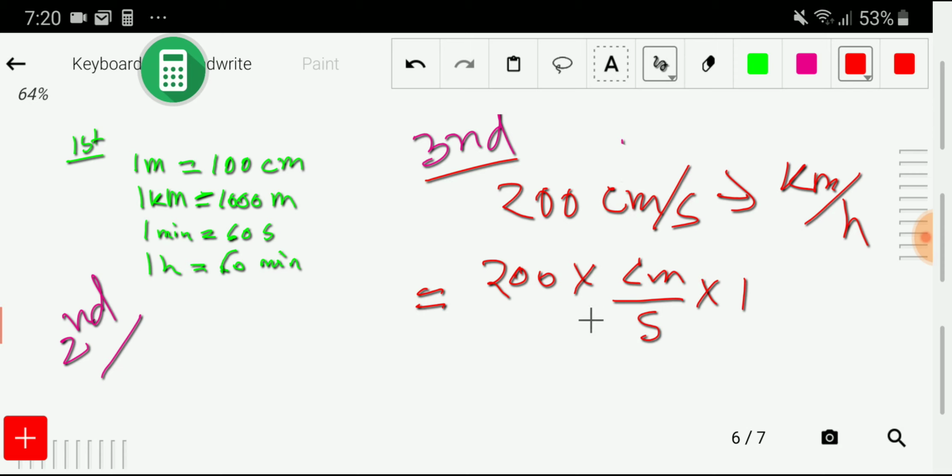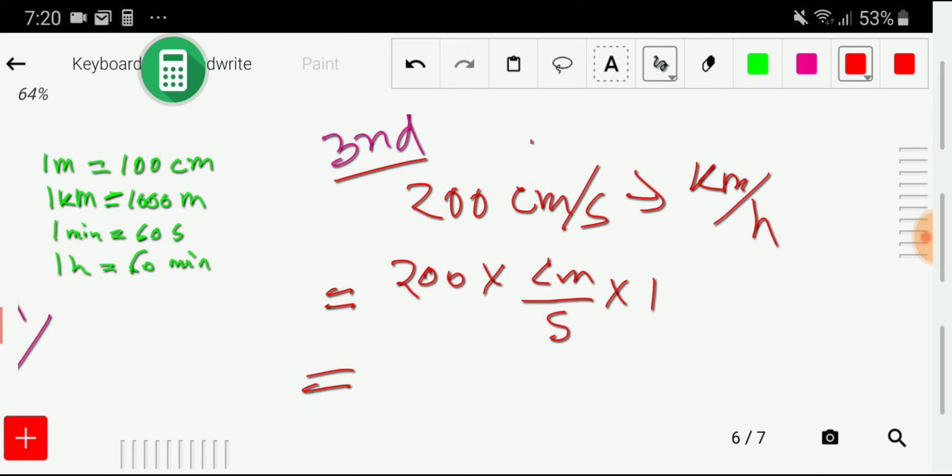That is, I can just write here 1, and this doesn't actually have any value. I can just rewrite this 1 for the conversion factor that we got in the second step, right? We don't need to memorize conversion factors. Conversion factors will come automatically.